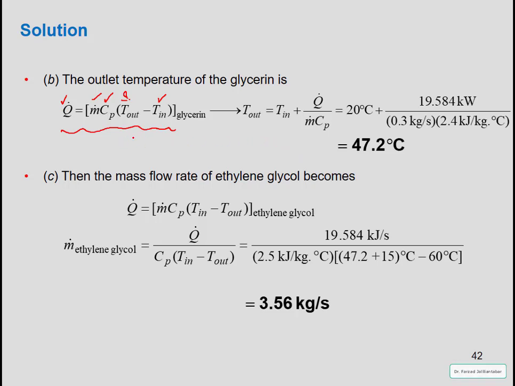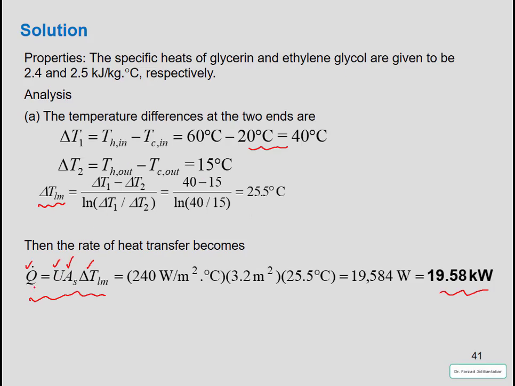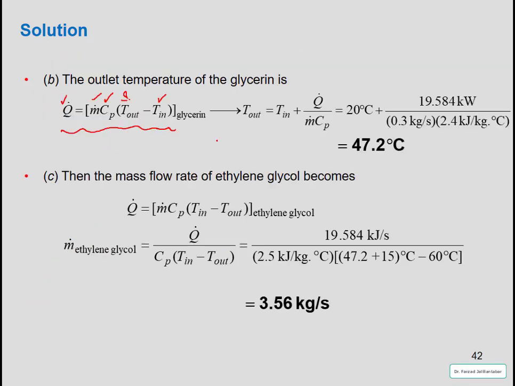And if you notice, this Q dot for the hot fluid, and from the hot to cold fluid, is equal to the heat which is received by the cold fluid from the hot fluid. In other words, Q dot for the hot and cold fluid is equal to the total Q dot of the heat exchanger actually.